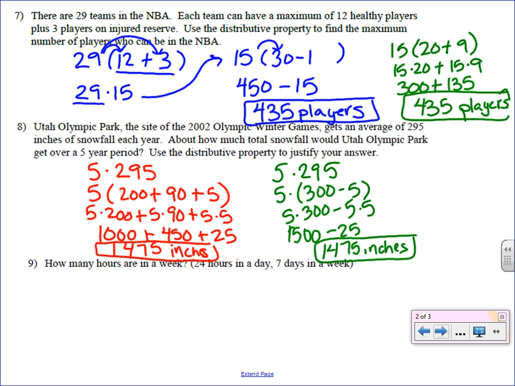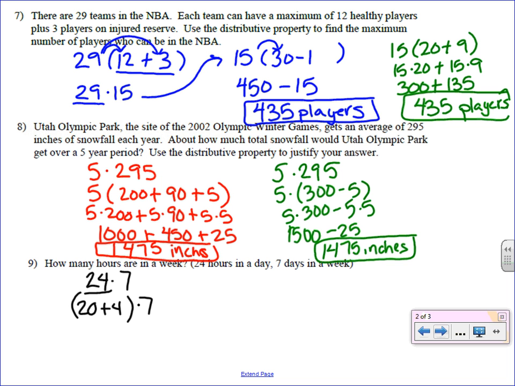All right. And then number 9, how many hours are in a week? 24 hours are in a day, and there's 7 days a week. So we're going to multiply those two numbers. 24 times 7. And we'll break up the 24. So we have 20 plus 4 times 7.